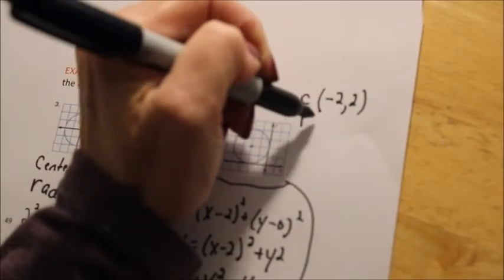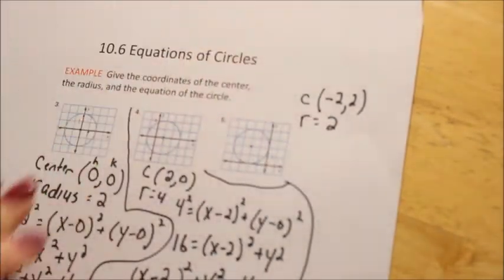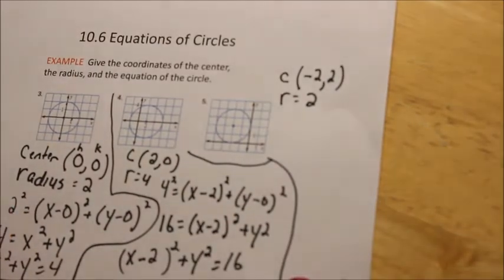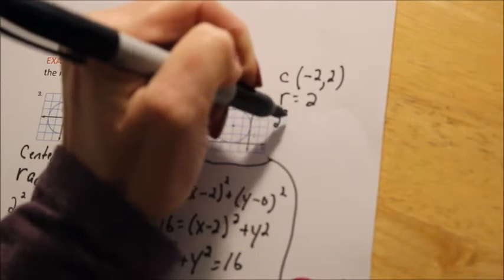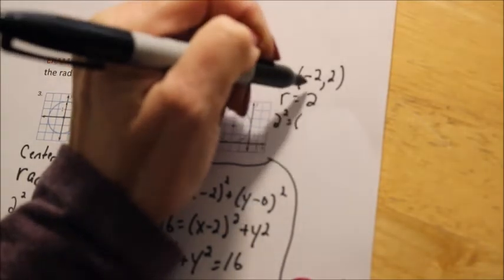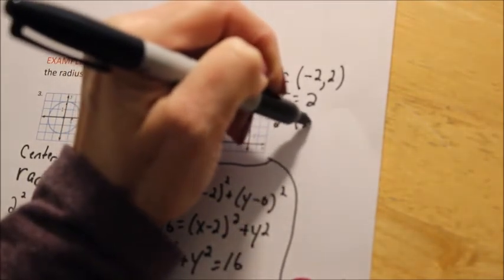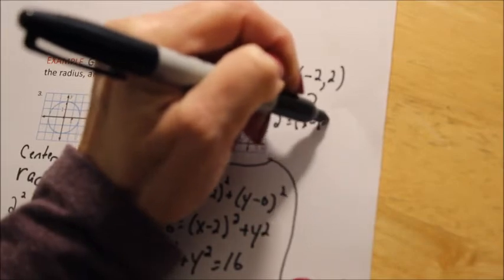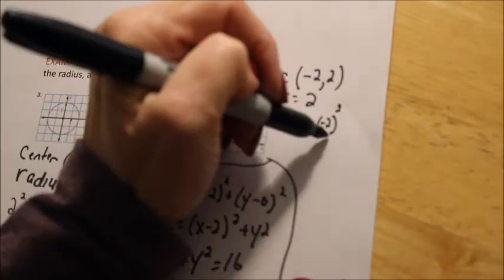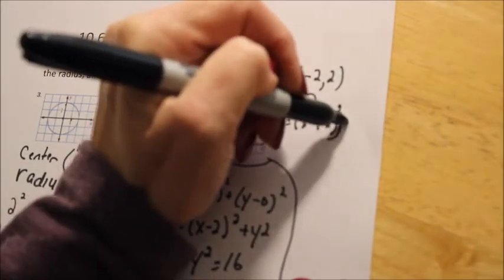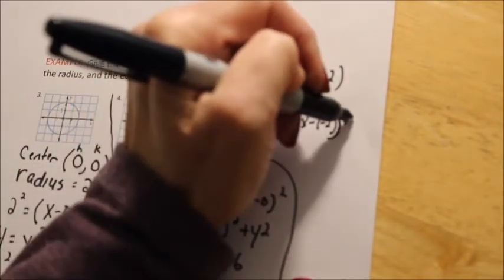Remember, radius is distance. So how far? So that's going to be positive. All right, so now when I go to put that in the formula, I'm going to say 2 squared equals, now watch this, x minus a negative 2 squared plus y minus 2 squared.